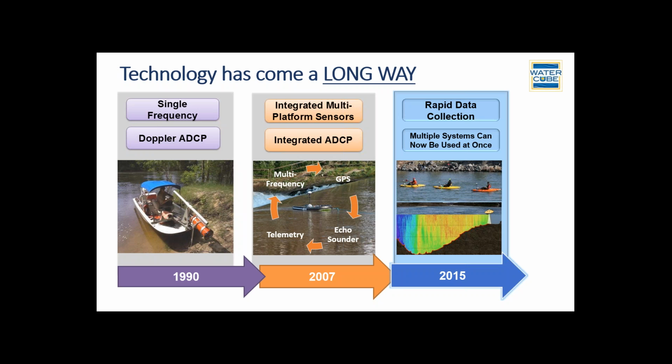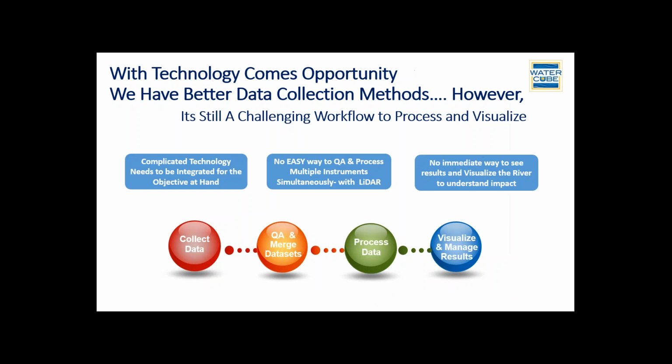But as you went into multi-platform sensors and a fully integrated system, it became much easier to utilize this technology with integrated GPS and telemetry. Today, we can take multiple instruments and hit the water together in parallel to collect multiple lines of data and rapidly process that together to give you a full digital elevation model with inlaid velocities.